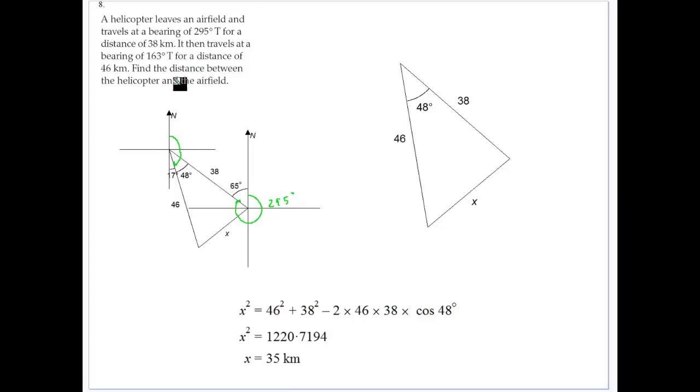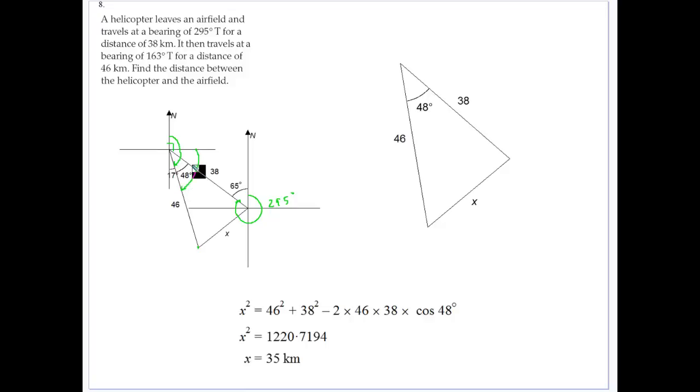So how do we get these ones? So 46 kilometres, and we want to find x there. With 295, that leaves us 65 to go around to 360. Because that's 90 degrees there, and 163, that should be from that part there to that part there. So again, we've got to really look at our interpretation.